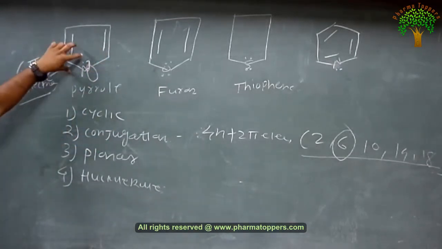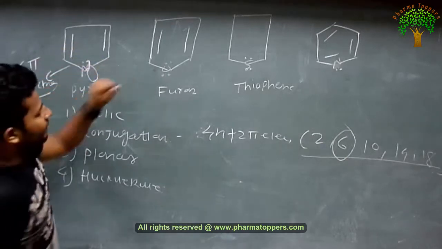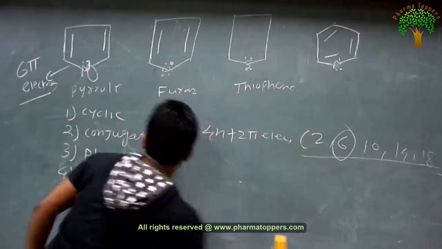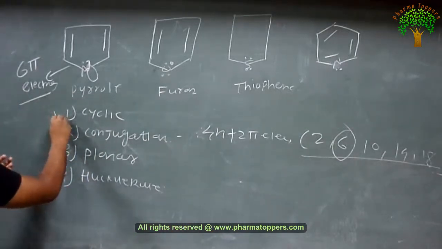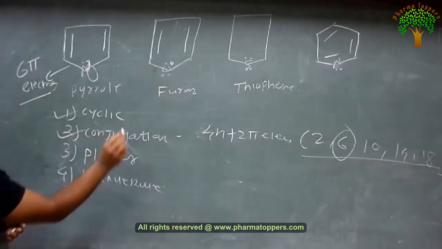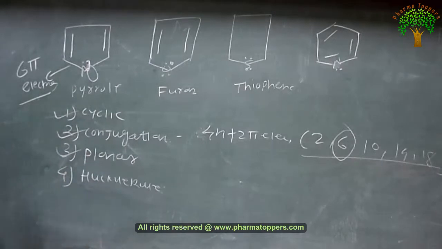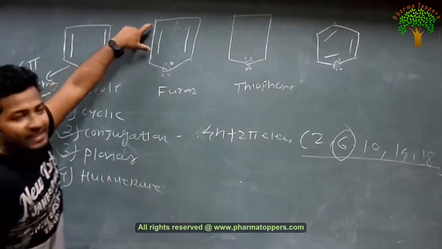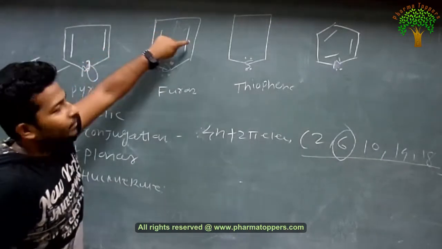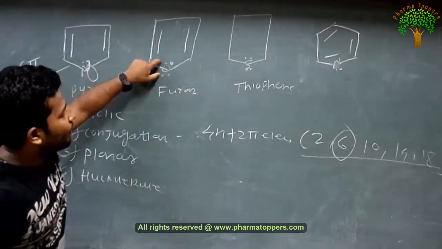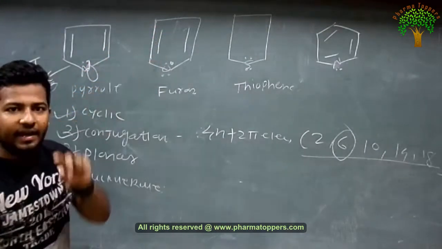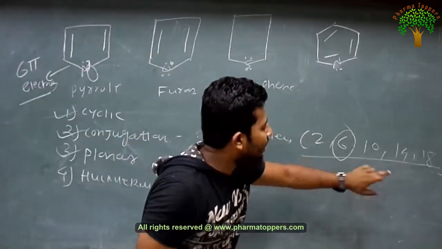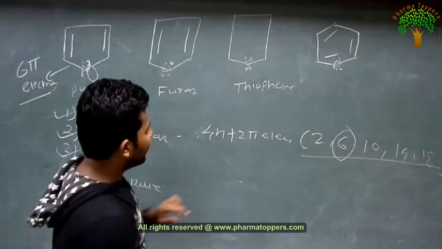But don't get confused, here there are 2 lone pairs of electrons. Then these three rules are obeyed: cyclic in nature, conjugation, planar structure. But the problem with the Huckel rule: these are two double bonds, containing 4 pi electrons, and these 4 pi electrons, that is 8 in total, but 8 pi electrons is not present in the Huckel rule.